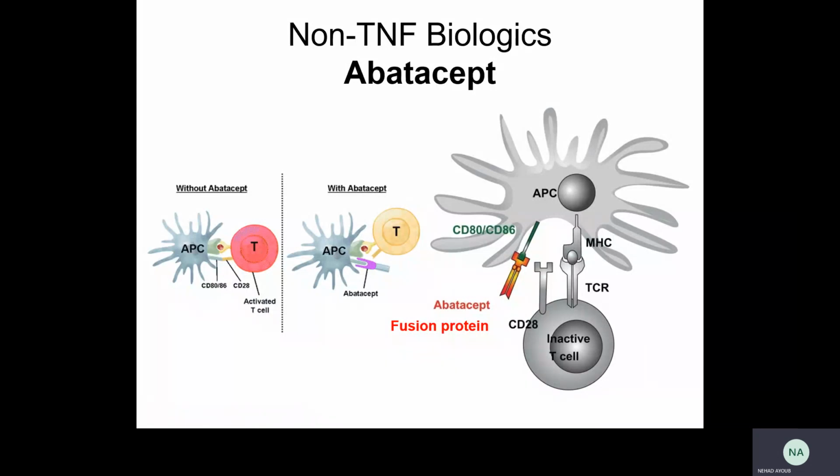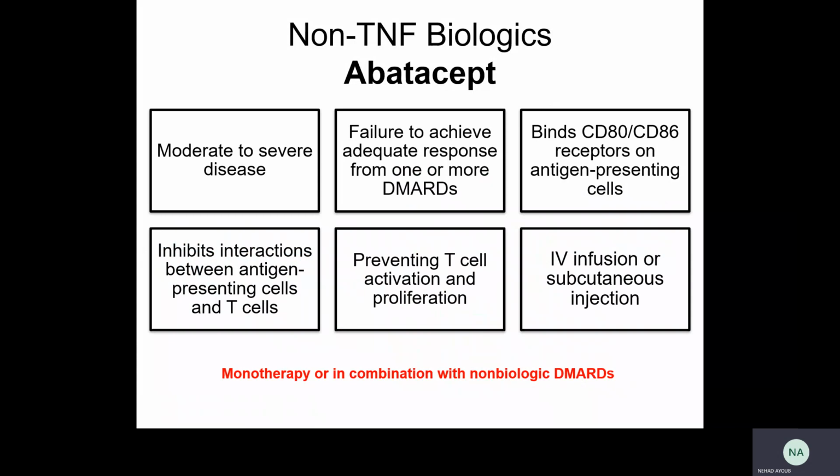So we produce immunosuppressive activity. So basically, the drug is an inhibitor of CD80, CD86 receptors on antigen-presenting cells, and it will stop or prevent T cell activation, proliferation, and so the immune attack on the joints.